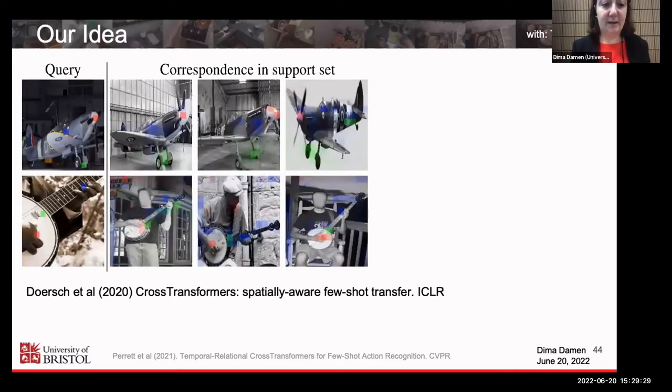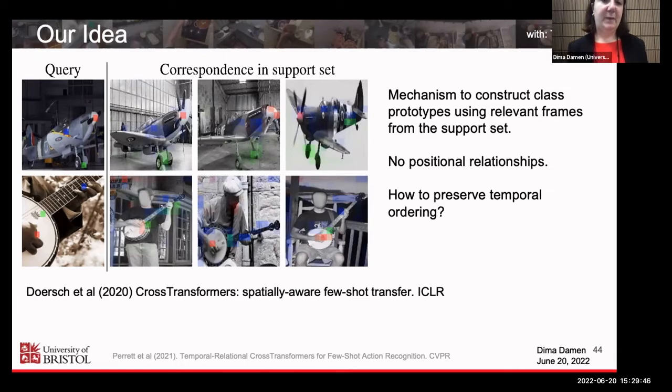We built this on something that was out there, the cross transformers out of DeepMind, which was really focusing on basically taking a query image and looking at evidence of the correspondence in the whole of the support set. That was the first inspiration for this work. So basically you construct a class prototype from all the relevant subsets, and we wanted to copy that into all the relevant frames from the support set.